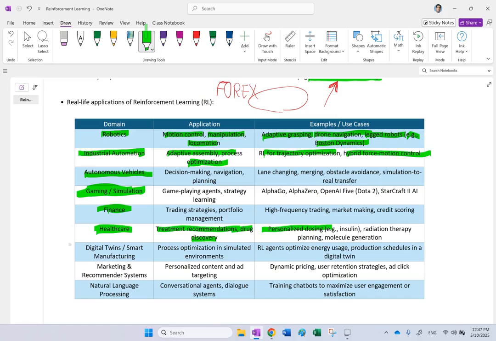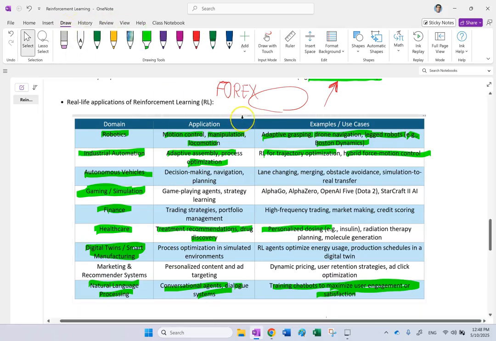It can be used in digital twins and smart manufacturing. This is a new area, right? It can also be used in natural language processing, where your agents over time learn how to interact. The chatbots learn how to interact with the user to gain maximum satisfaction and their highest rating. Over time, you see, reinforcement learning can be used, okay?